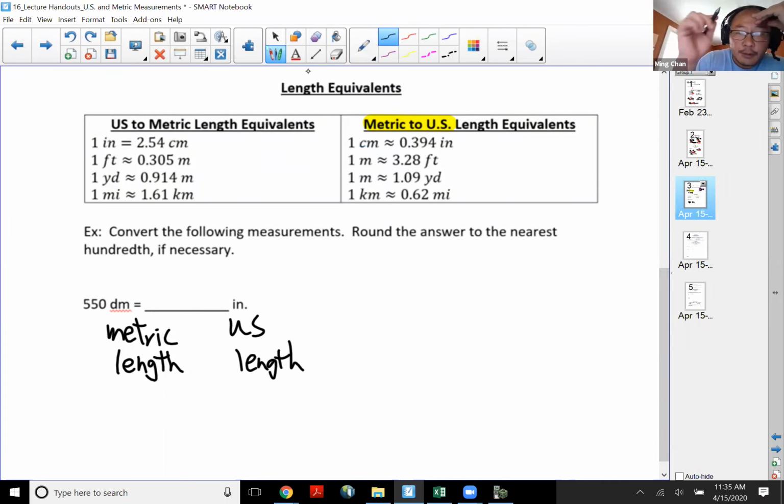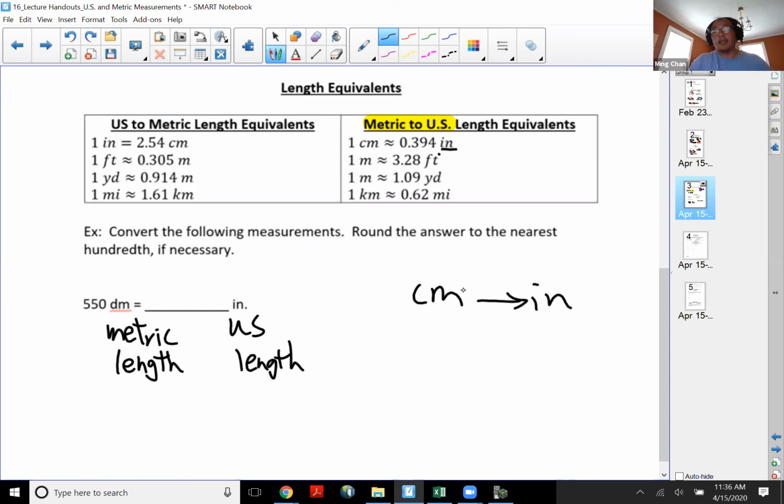So the way you piece the path together is by starting from the end. If I want to end up in inches, which right here, this one is actually in inch, the table tells me I can go from centimeter to inch.